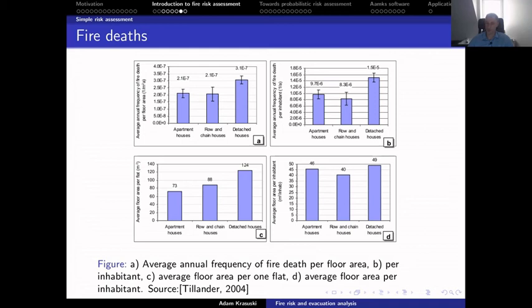This is the statistic from the same author, and we try to find the average annual frequency of fire death per area. So once again, what is the probability that during a fire somebody may die in our building? Educational building, apartment houses, row and chain houses, detached house.